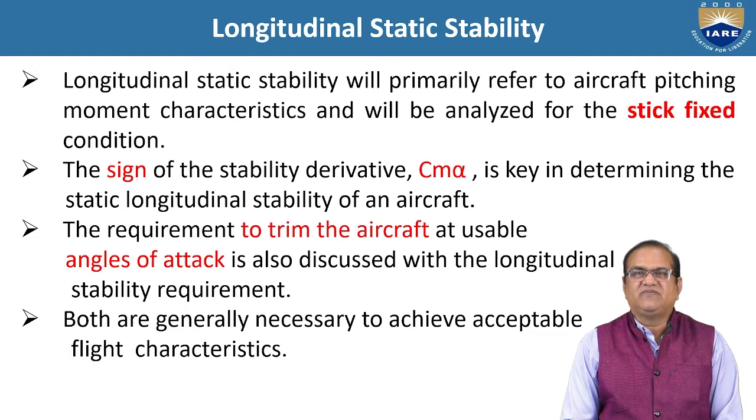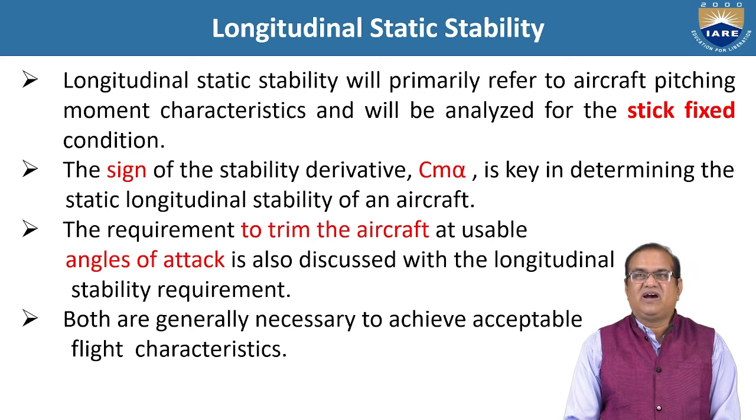We are doing the work for stick fixed, where the control movements are not done. All the primary controls, elevator, rudder or ailerons, are fixed. They are not moved. The sign of the static derivative, that is Cm alpha, is key in determining the static longitudinal stability of an aircraft.